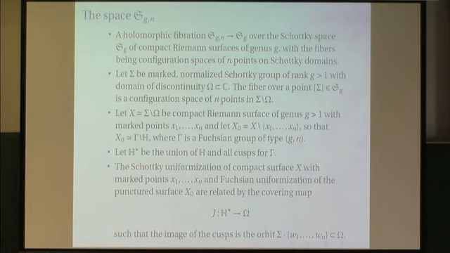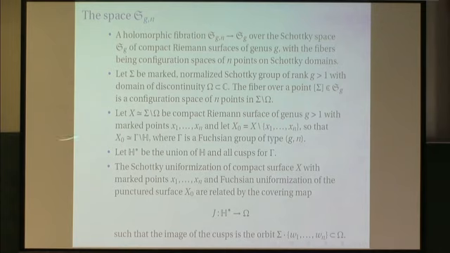You can now compare Fuchsian uniformization of a Riemann surface with puncture. You can have three things. You have a compact Riemann surface X, which you uniformize by a Schottky group. Then you make a choice of marked points, consider the Riemann surface with punctures, and uniformize it with a Fuchsian group with parabolic elements.